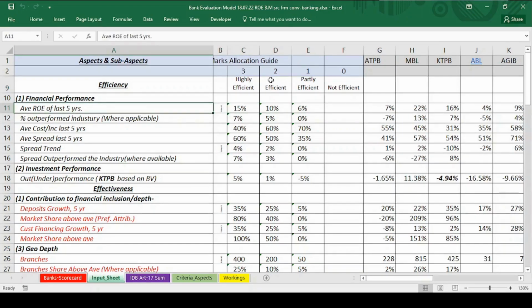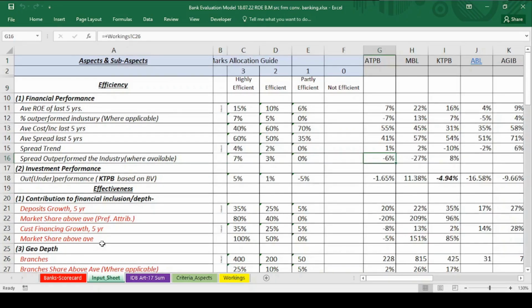Like this is average return on equity and the percent it has outperformed the industry average, and likewise the spread and the percent it has outperformed the overall industry spread. So that is how we determine the scoring of each bank.